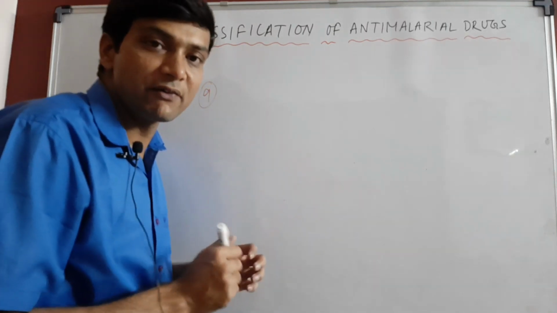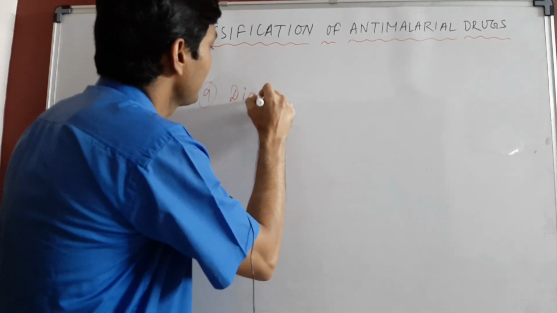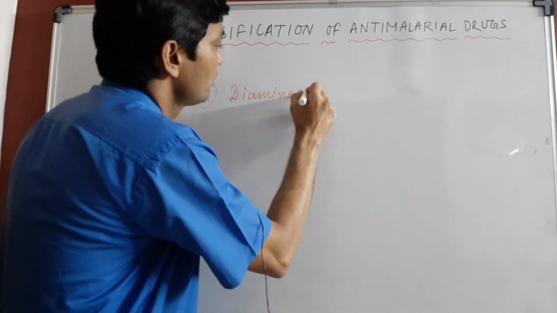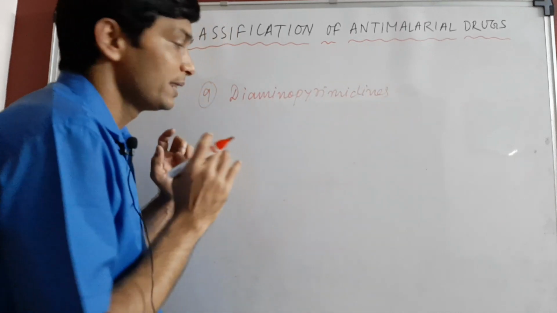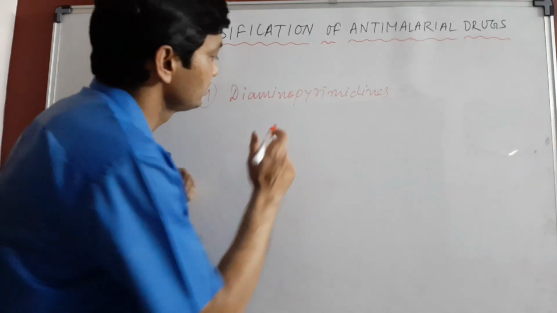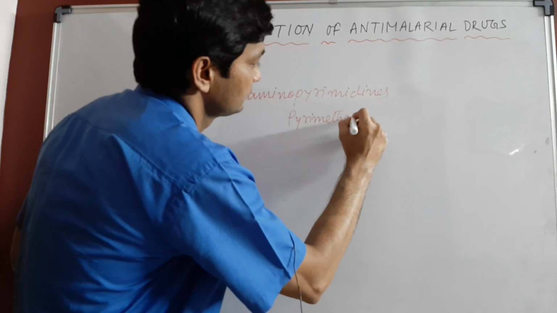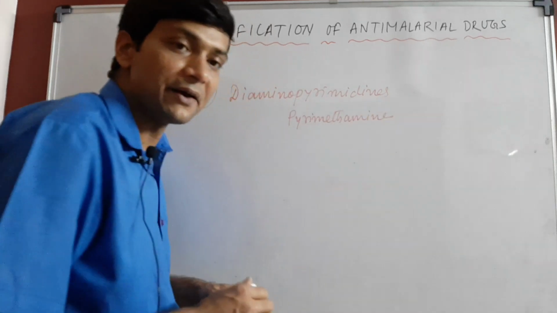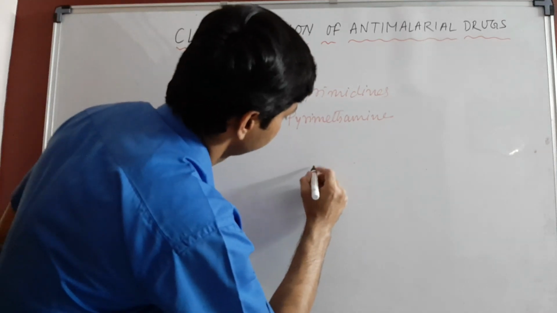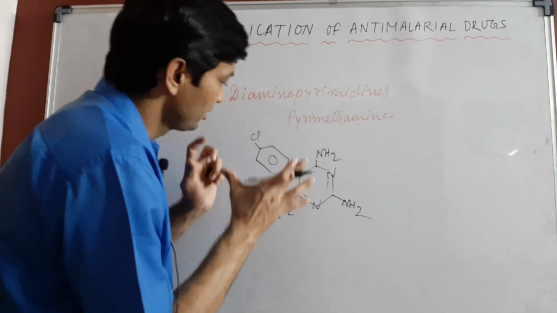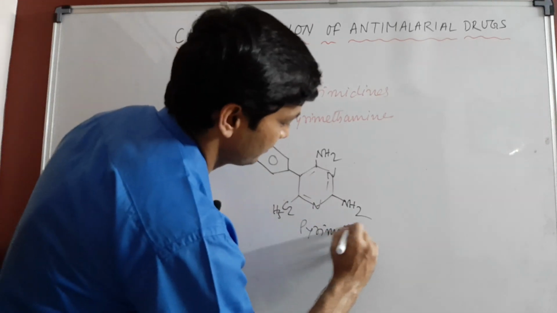The next class of antimalarial agents is the diaminopyrimidines. An example of this class of drugs is pyrimethamine, and this is the chemical structure of pyrimethamine.